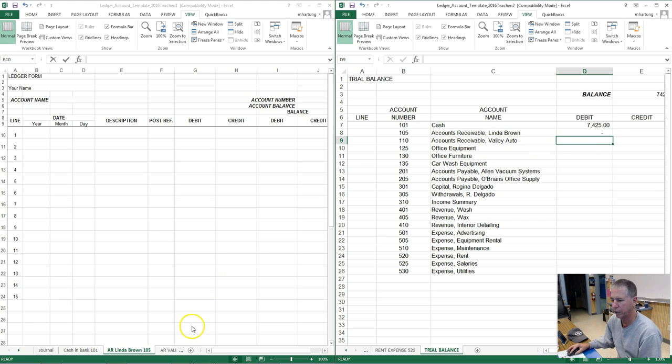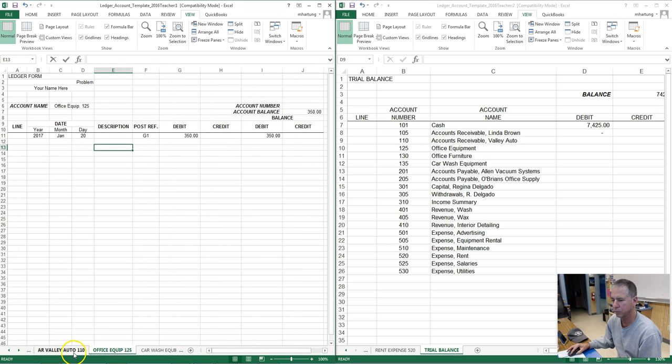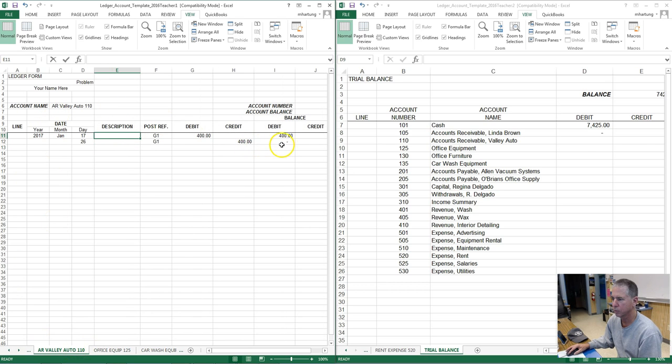Accounts receivable, Valley Auto. Right there, equal sign. Office equipment.